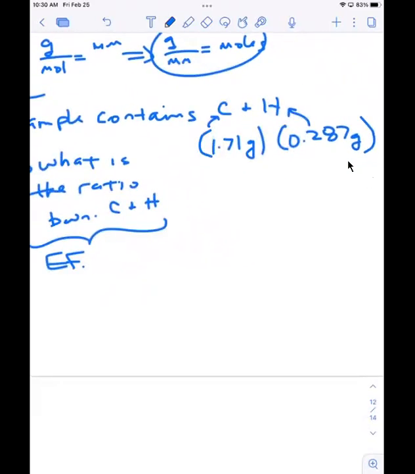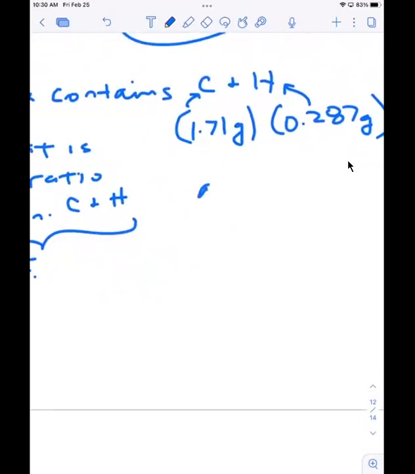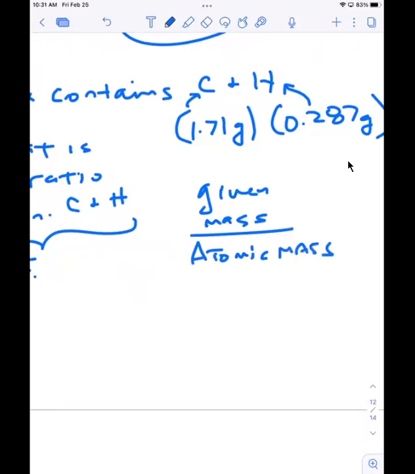It's taking the given mass, in a case like this, divided by the atomic mass. All right. So for carbon, the given mass is 1.71 grams. The atomic mass is 12.01 grams per mole. Very important to keep those units, so that we'll know what to cancel and what we're left with.